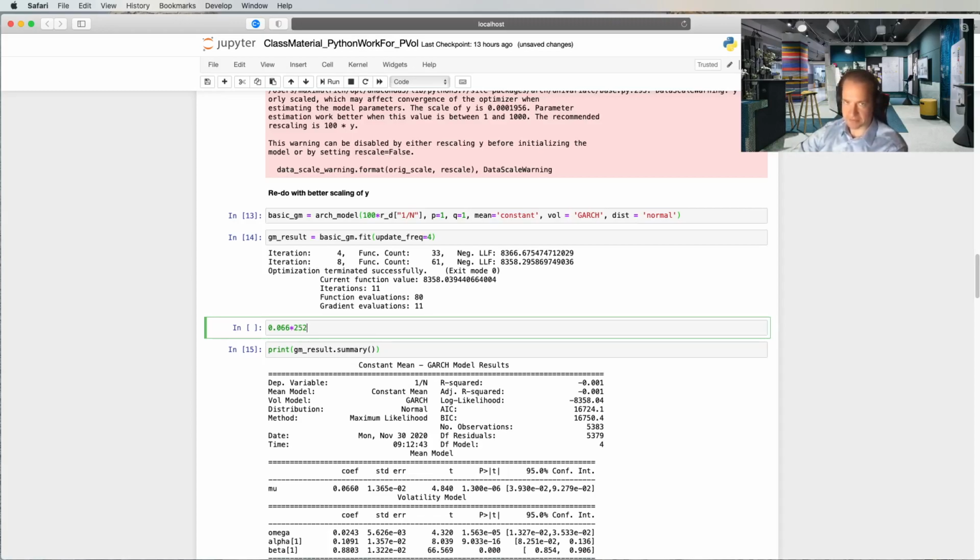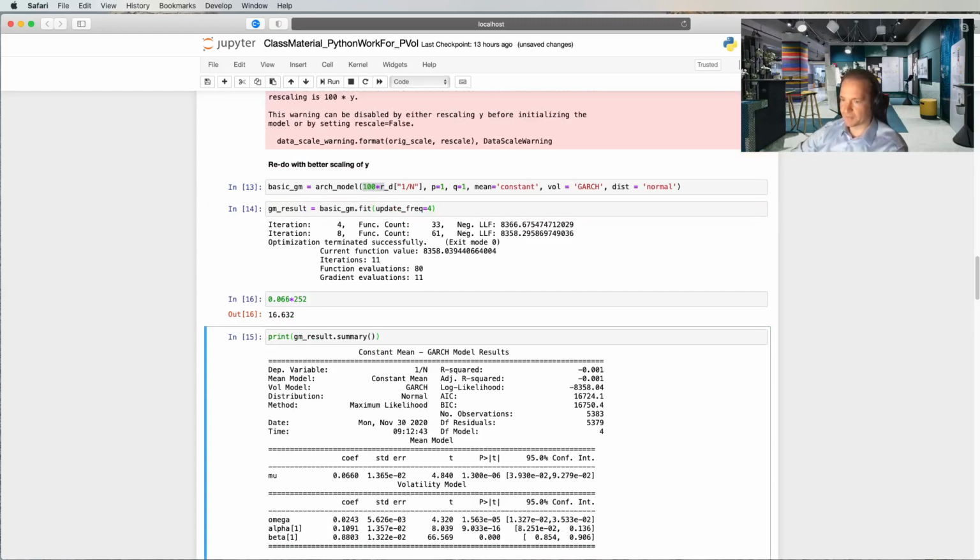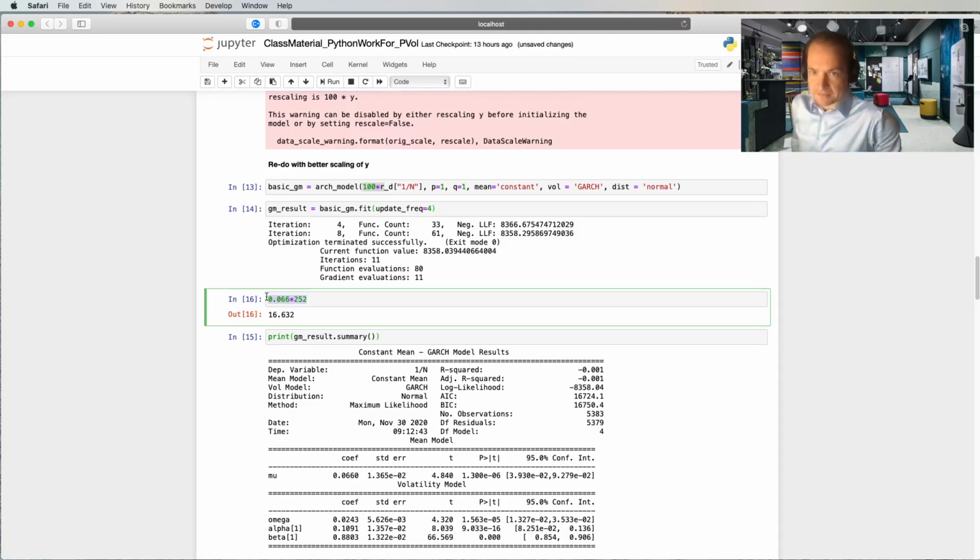It's already in percent because the input is 100 times the return, which is in percent units. So you see the average return for the market would be, say, 16%. That seems high.